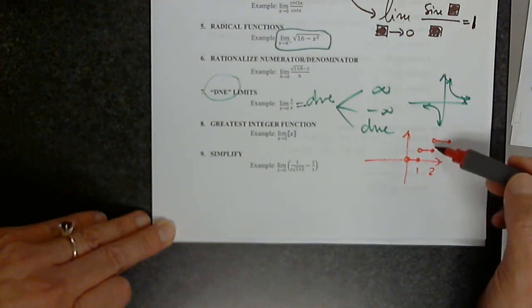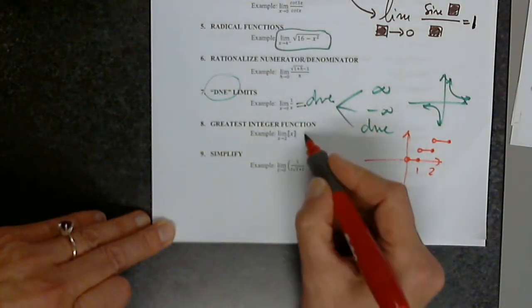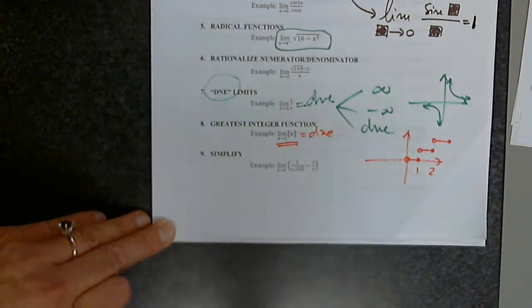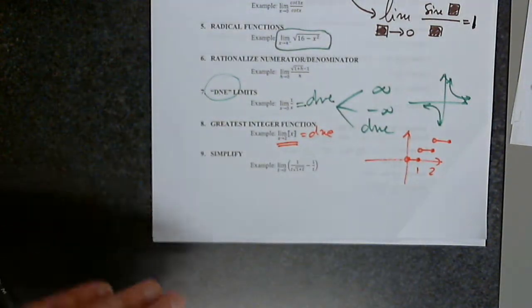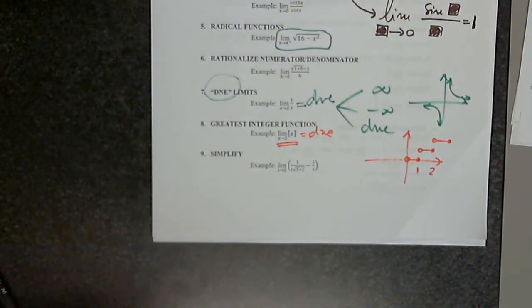Of course, the limit from the right is 2. The limit from the left is 1. So this will be D and E. We will discuss this function again later. I'm sorry, no, I will not put the greatest integer. I just put it here because I want you to know what it is, and we'll discuss it again.